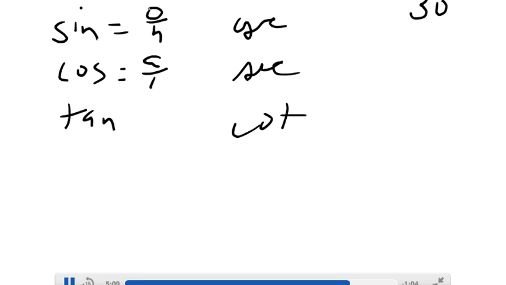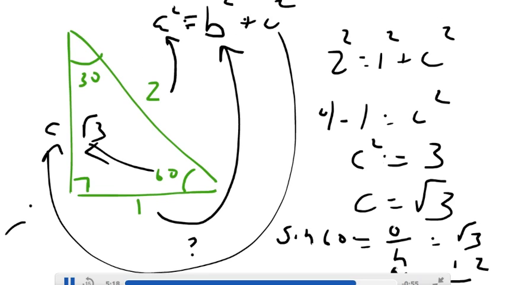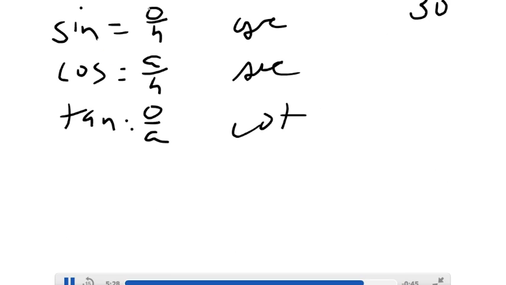This is adjacent over hypotenuse. And this is opposite over adjacent. So if we look back for 30 degrees, well, the sine is 1 over 2.